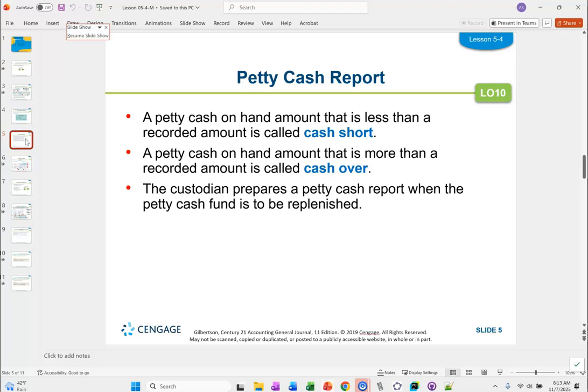Oftentimes that's an office manager, or the boss, or the boss's secretary, or the person that manages the garage, if the petty cash is for the people that work at the garage. It could be whoever that individual is. It is often not the accountant that's in charge of the petty cash.